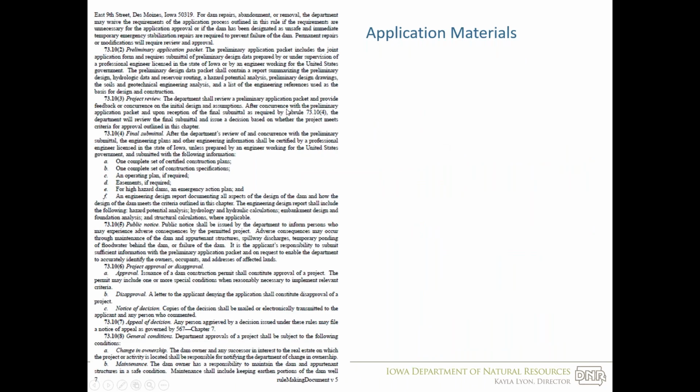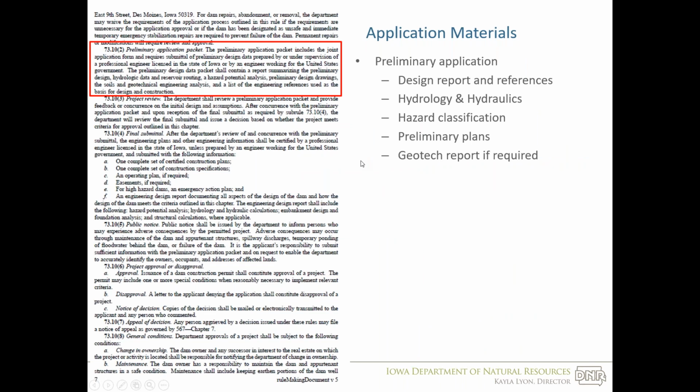Then once you have applied, you can submit your application materials. We've changed, it used to say in the rules that you have to submit final plans, final documents with your application. We've changed it so that you can submit a preliminary application packet with a design report, hydrology and hydraulics, your hazard classification, a set of preliminary plans and geotech report if you need it.